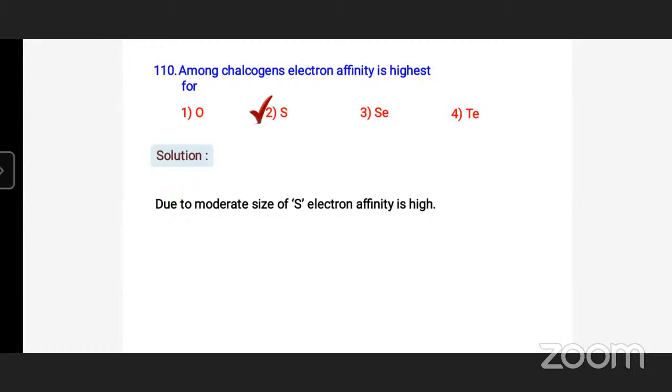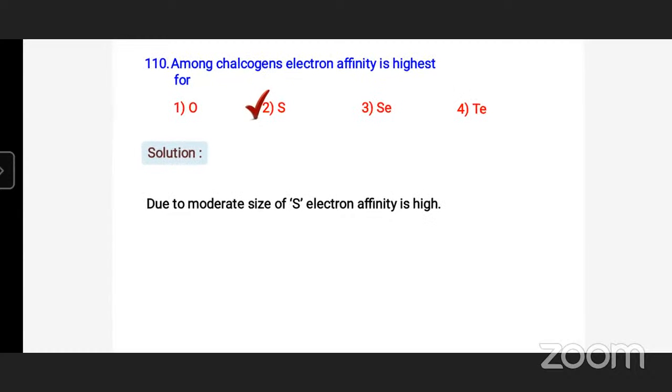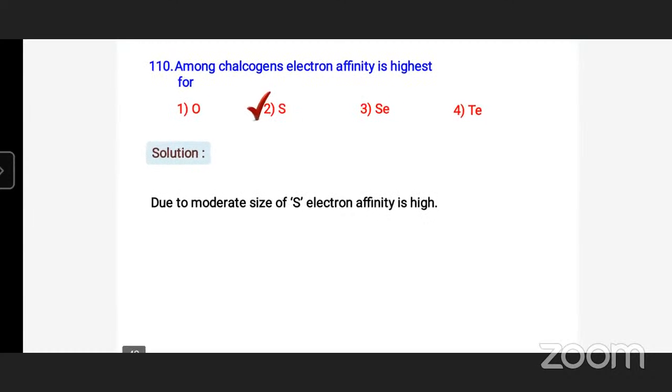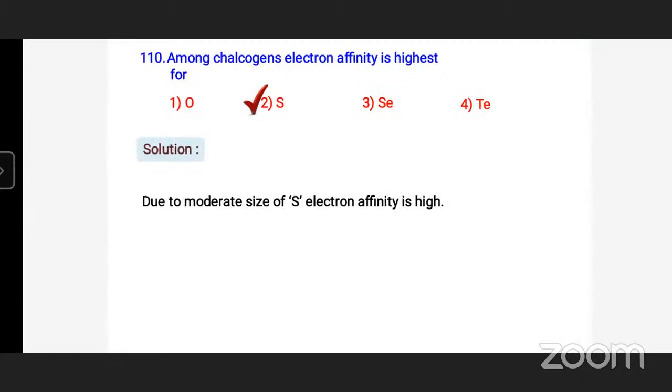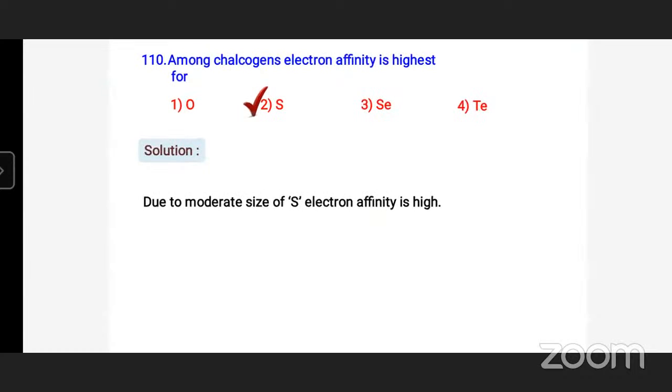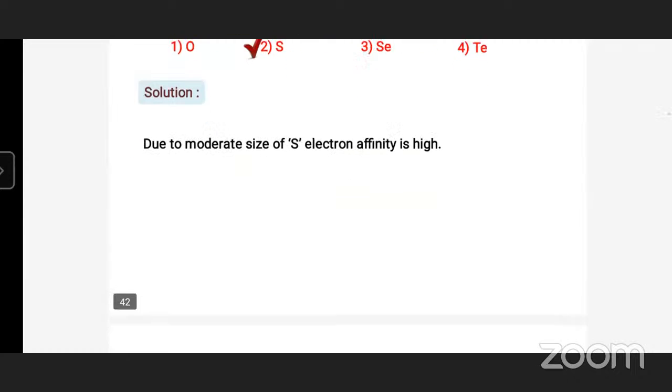Our question is which chalcogen has the highest electron affinity. Sulfur is the right option because, due to the moderate size of sulfur, its electron affinity is high. So the second option, sulfur, is correct.